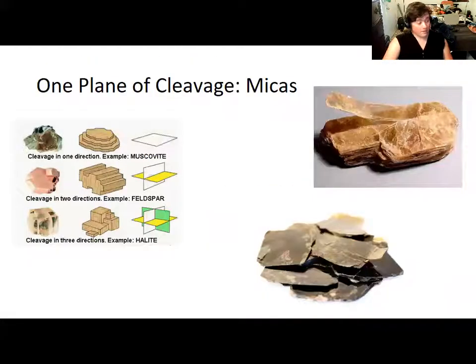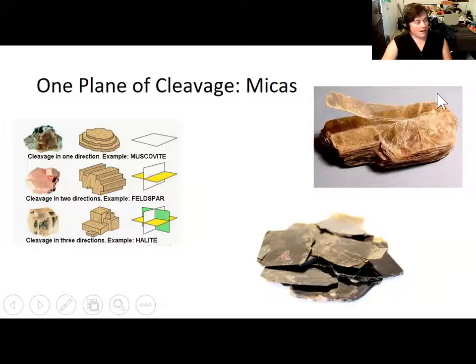But some minerals that do have cleavage are micas. And micas are said to have one plane of cleavage because when you break micas up, they form these sheets. Micas are really soft, and you can actually peel them so that you have these layers of the same thickness coming off.